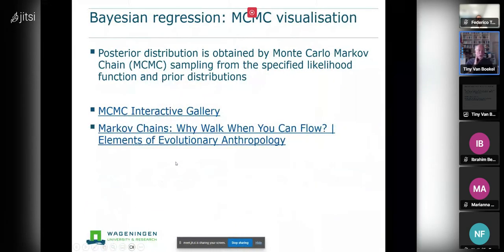Now, how this is done in the Bayesian world is that we need to use numerical techniques to sample from the specified likelihood function and the prior distributions. And that technique is called Markov chain Monte Carlo sampling. I don't have the time to explain all this, and it's also quite complicated to explain.